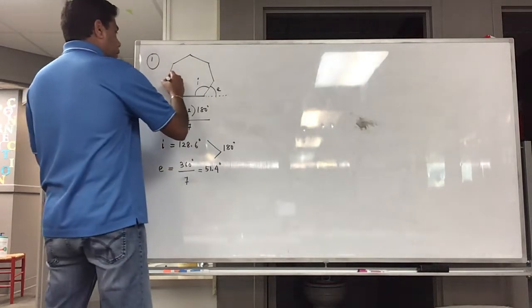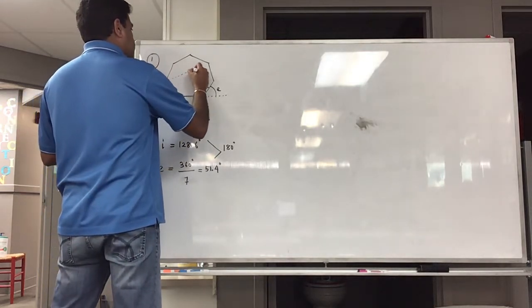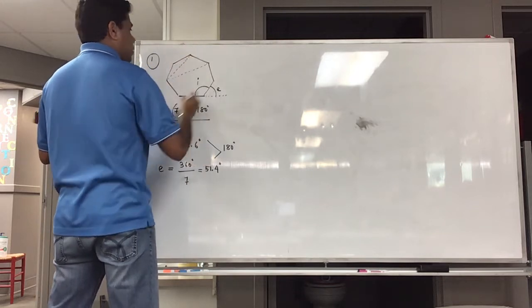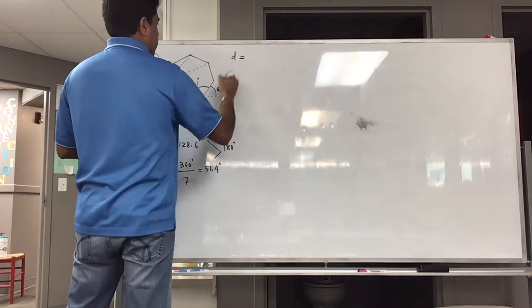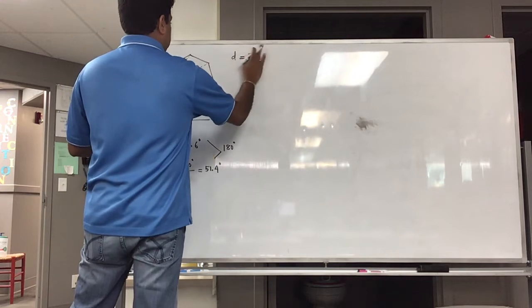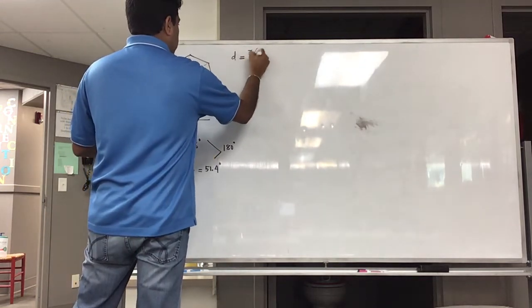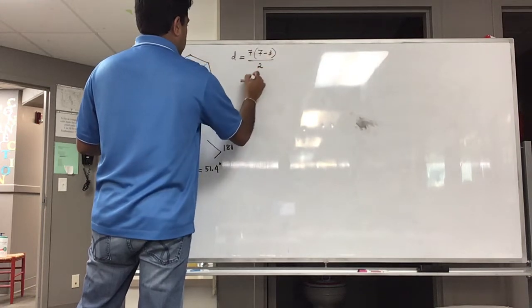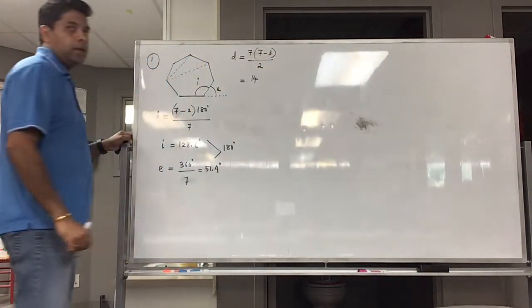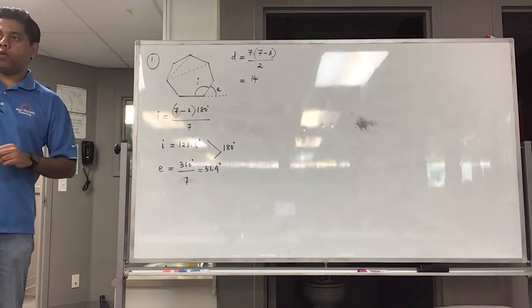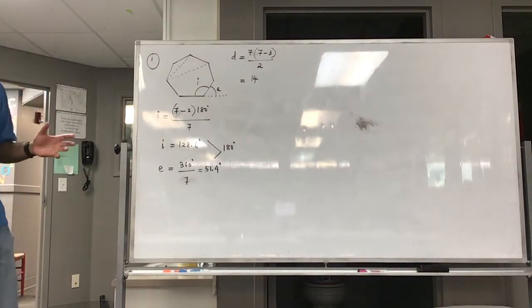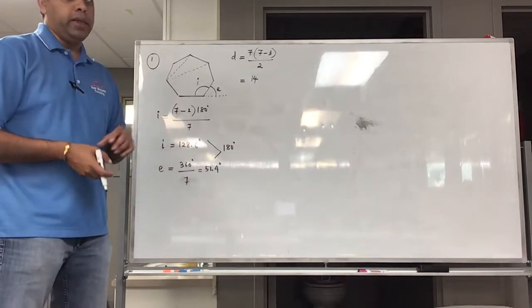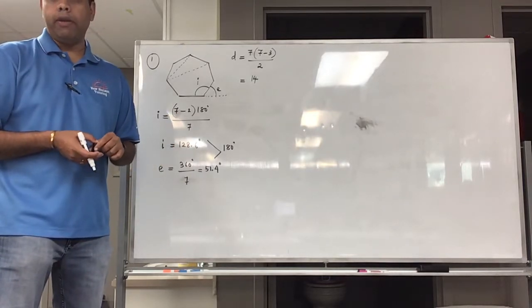How many diagonals does it have? Total number of diagonals, D. Again, remember, you got to know the formula in the real test. That's the hard part. Because once the formula is given, that's easy. But you won't be given the formula in the ACT. I can guarantee that portion.